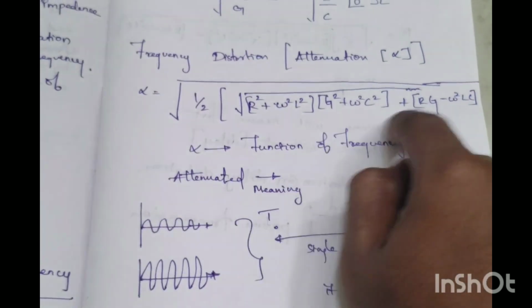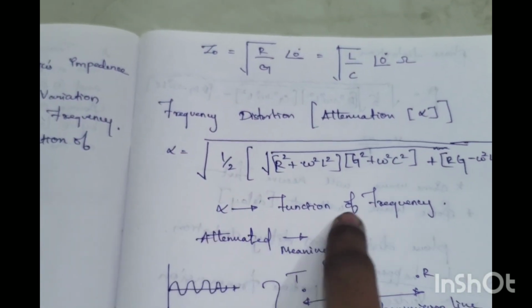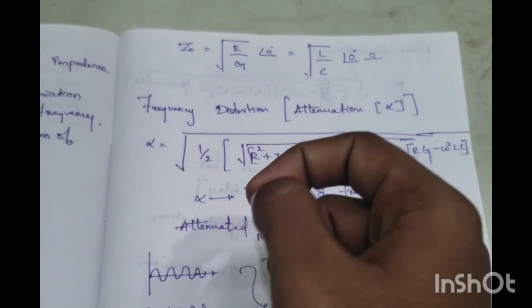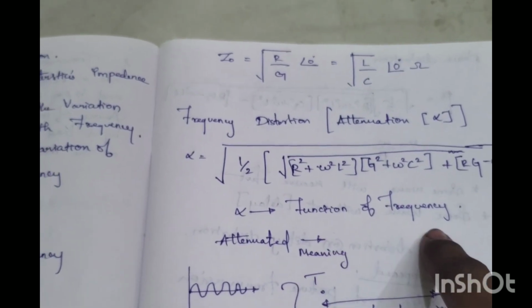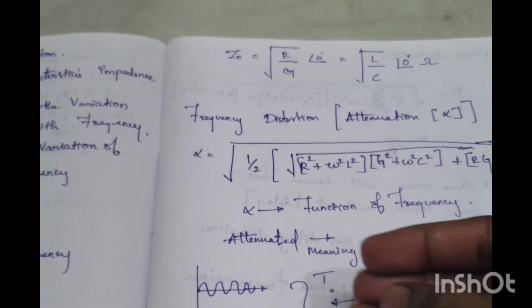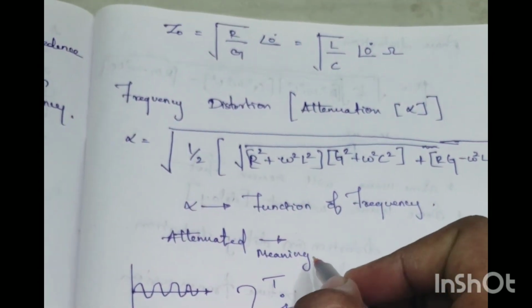You want to remember this formula for this whole semester. Alpha is a function of frequency, because we have a distortion in frequency. Attenuation means forcefully reduced.